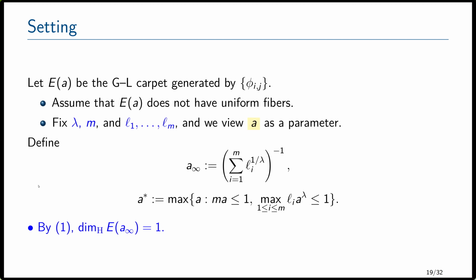And the next one, A to the power lambda is in fact B, since lambda is log b divided by log a. And how many rectangles are in every column? The biggest one is the maximum L_i. Since the rectangles should be in the unit cube, the maximum L_i times B is less than 1. So it is very natural to define such a value.